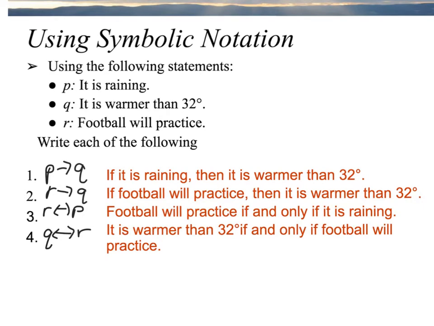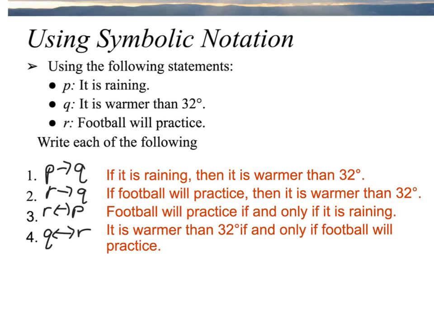Hopefully you were able to pause the video. Let's check these. So if P then Q: if it is raining, then it is warmer than 32 degrees. If R then Q is number 2: if football will practice, then it is warmer than 32 degrees. Then when we look at our last two, these are our biconditionals.